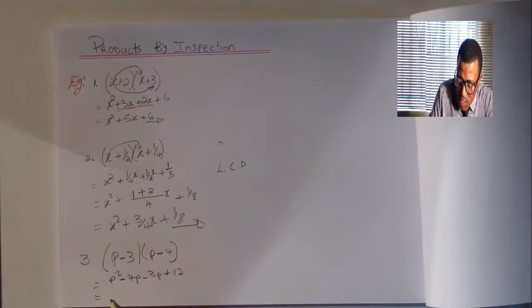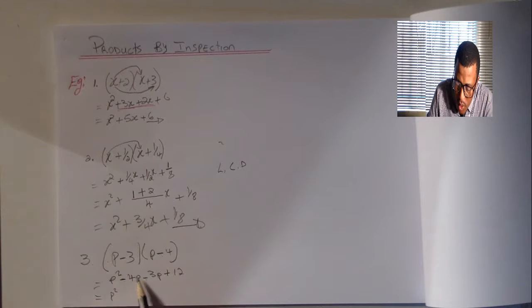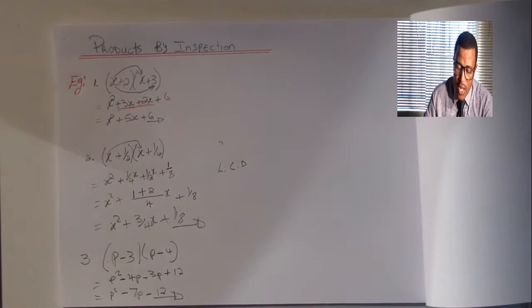Now we have like terms in this case, negative 4p and negative 3p. The signs are the same, and the rule says we add them together and take the sign as it is. Negative 4p and negative 3p is negative 7p, plus 12. This will be our answer, since there are no like terms. There you are. Good.